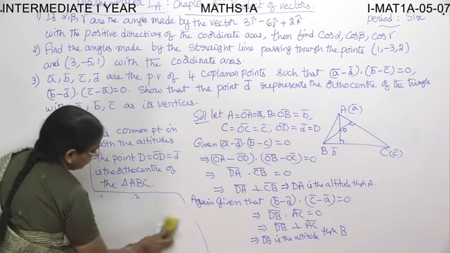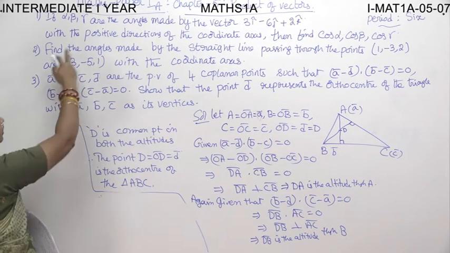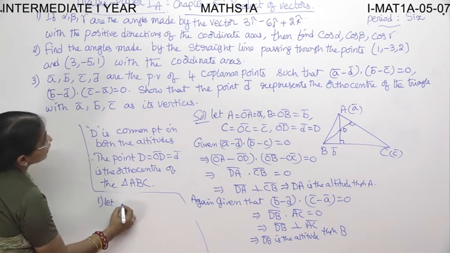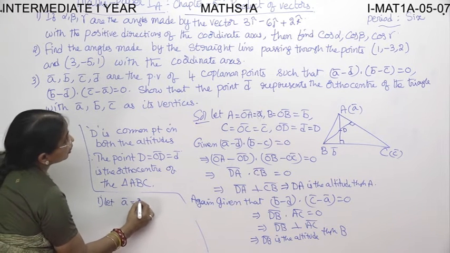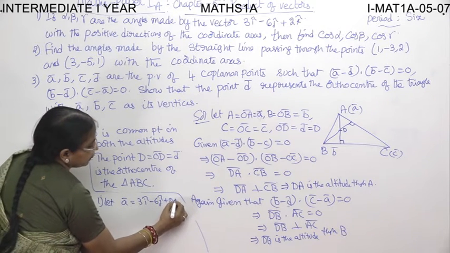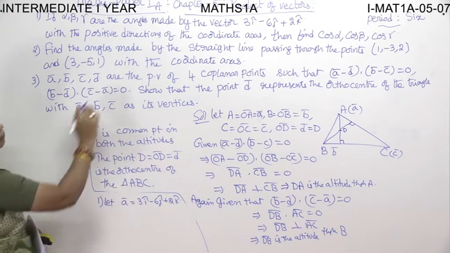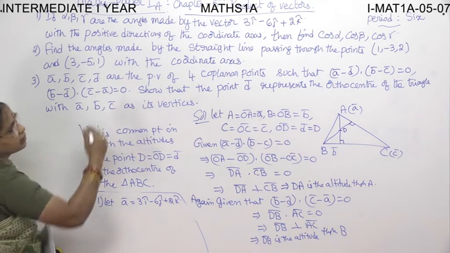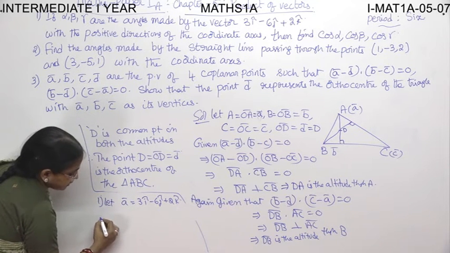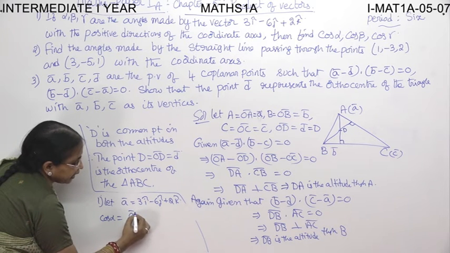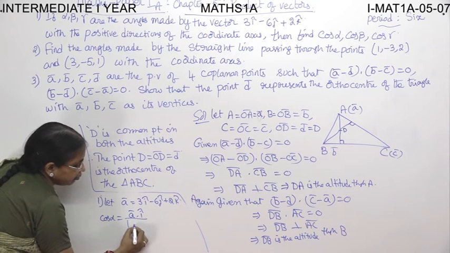So what we do is, in the first problem, we take the vector A as A equal to 3i minus 6j plus 2k. Alpha, beta, gamma are the angles made by this vector with the positive directions of the axes. So cos alpha is equal to A dot i by mod A into mod i.